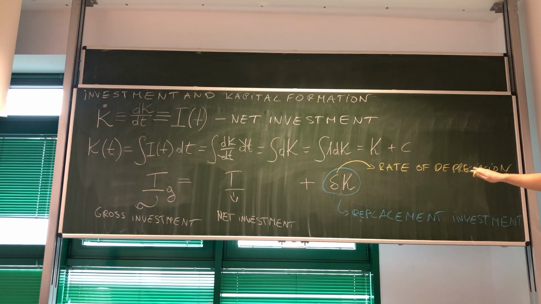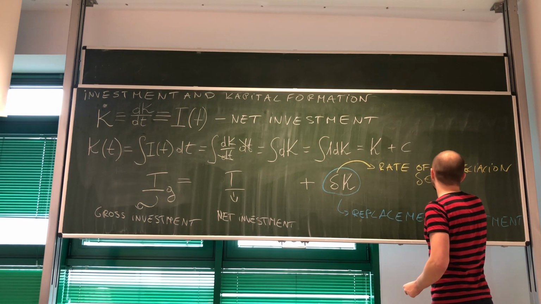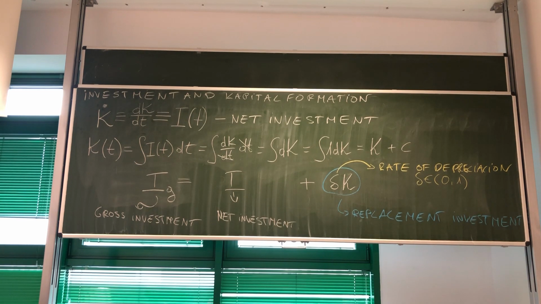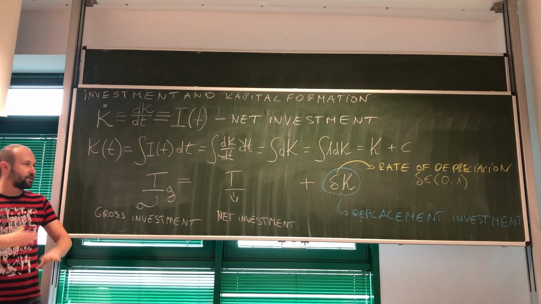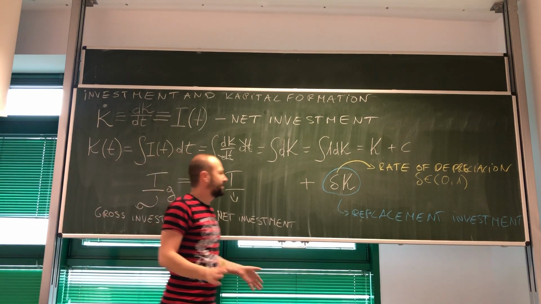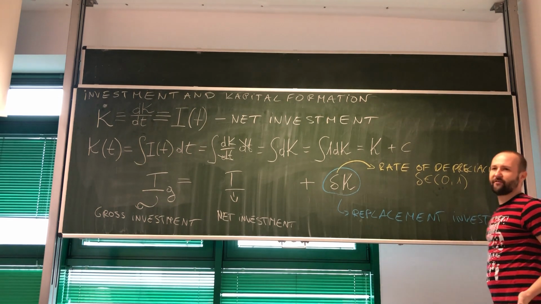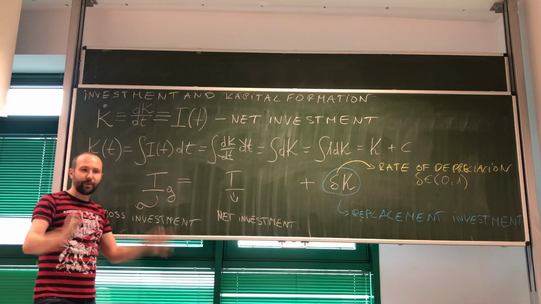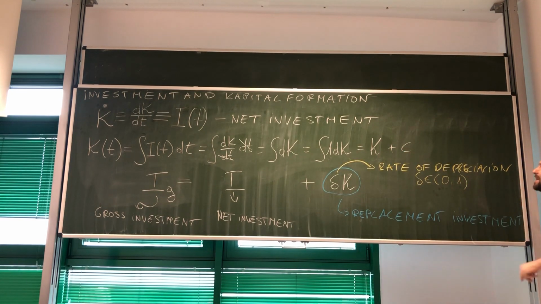So look, it's a rate because our delta must be something between 0 and 1. Technically, if we had some capital that would never break, then delta would be 0. And if we had some form of capital that is completely gone after 1 year of usage, delta would be 1.